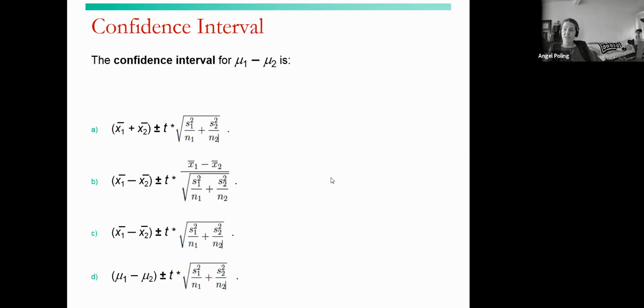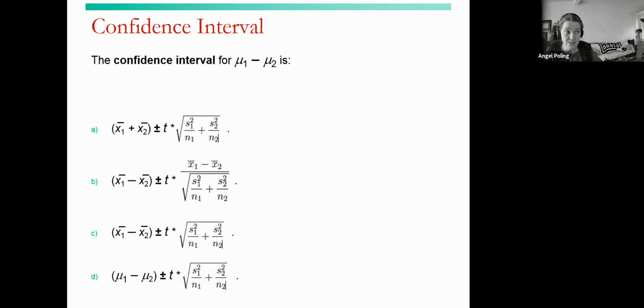Okay, so the confidence interval for mu1 minus mu2 is, we need a difference in the first, so not A, of the sample means, so not D. So that leaves us with B and C, plus or minus T star, check, check, times, in B, they put the T statistic there. We don't need that numerator stuff, the difference of the means. We need just the standard error, right?